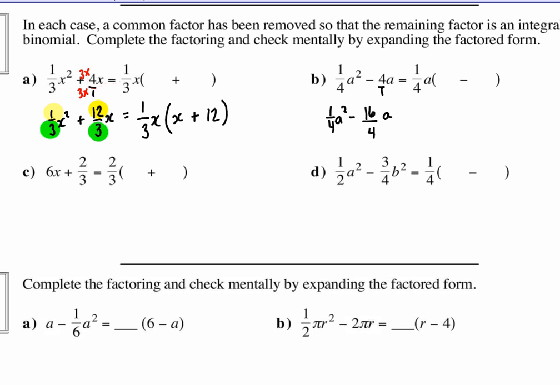And then a squared and a, we can factor out an a. So what's left over when I factor out 1/4? A. Another way you can think of this is we're dividing each of them by a quarter a. A quarter divided by a quarter is just 1. A squared divided by a is just a. A minus what? 16. You pulled out the quarter from the denominator.